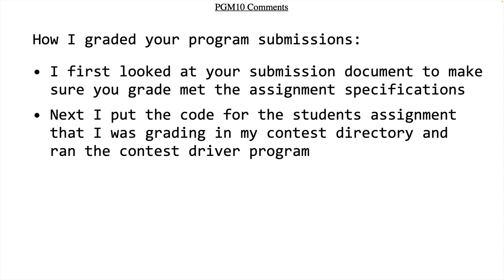If I have a conflict with students that have the same first and last initial, which I did have one this time, I would do PD initials and then the number 2, a sequencing digit onto the end so that it was unique. And then I would run the contest driver, and hopefully it would run and give me results. If that's the case, I know your subroutine was written correctly, I know you put the name and description on it, and all that type of thing.